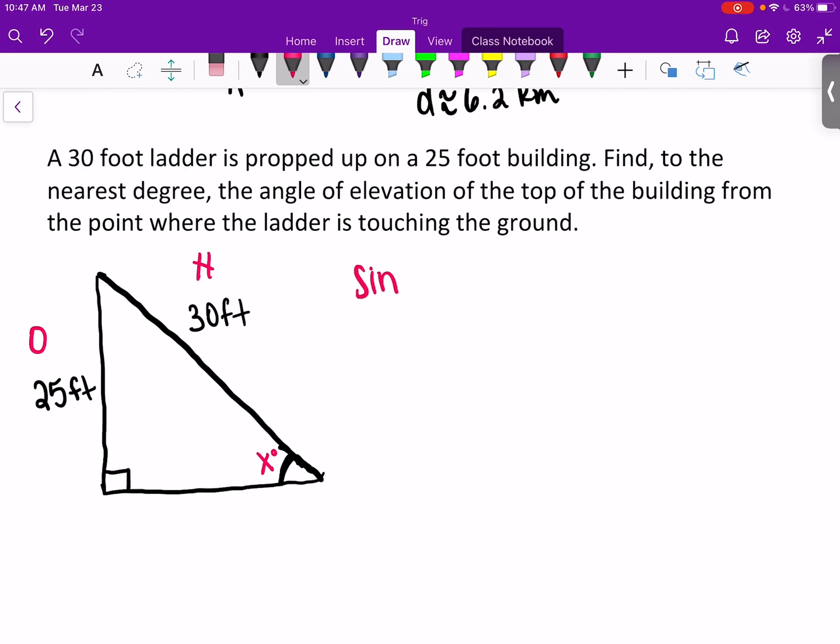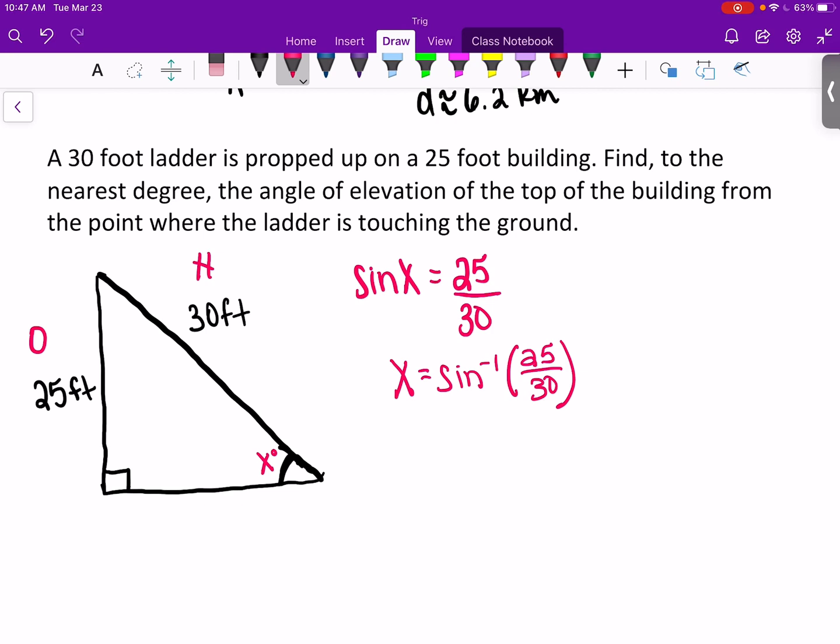So sine of our angle X is equal to opposite, which is 25, over hypotenuse, which is 30. To find the measure of angle X, we need the inverse sine, or sine inverse, of 25 over 30.